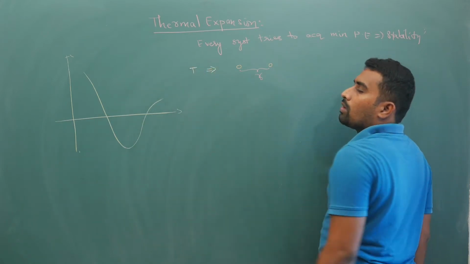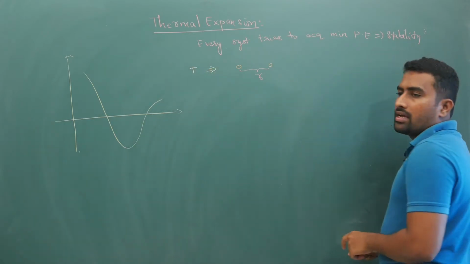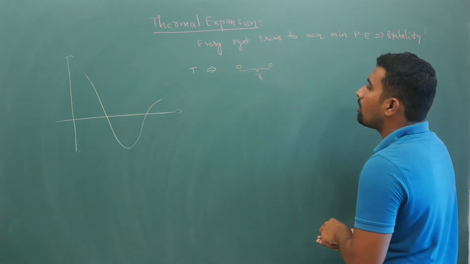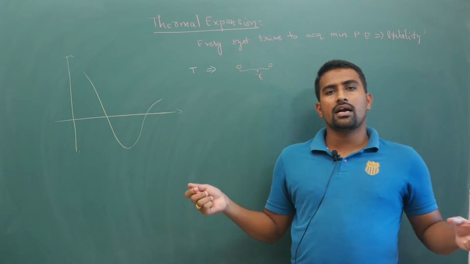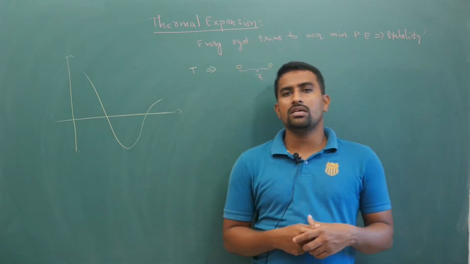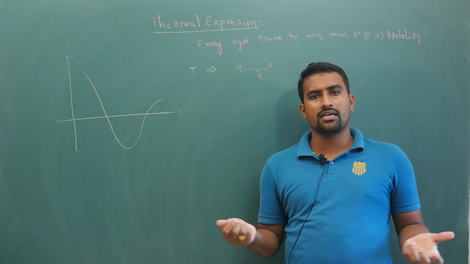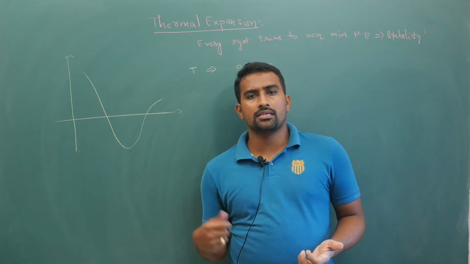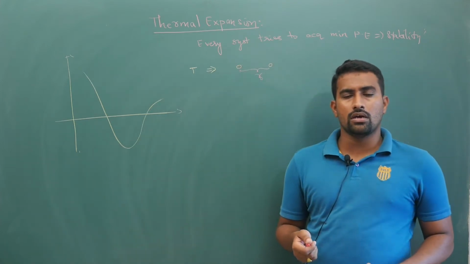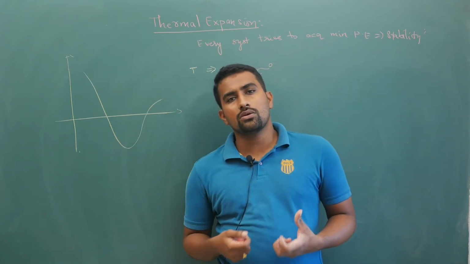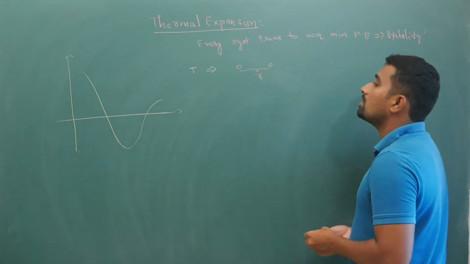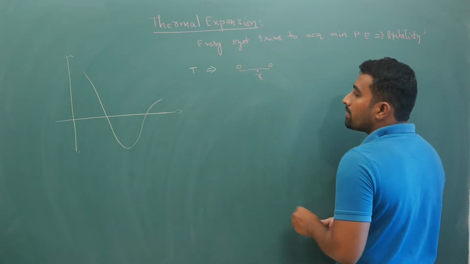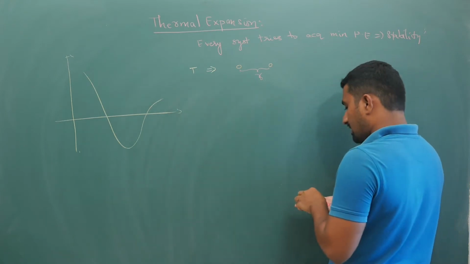Now when you heat an object, these molecules will start gaining kinetic energy, in the form of either translational, vibrational or rotational kinetic energy. So when these molecules start absorbing the energies, this equilibrium distance will get disturbed.